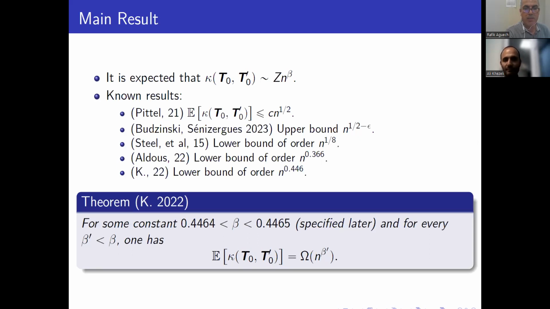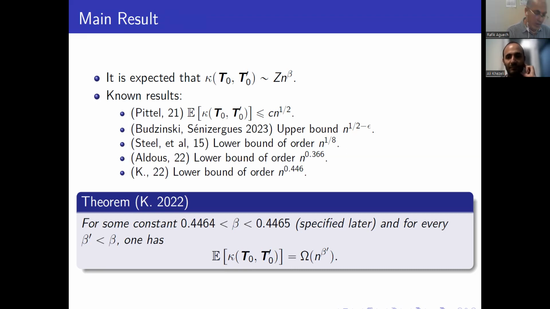For some constant beta between 0.55, 44, and so on, and for every beta prime less than beta, must beta prime be between these two bounds or not? No, beta prime can be anything less than beta. Yes. I should say that for the value of beta defined by the equation that we explained, for that value of beta we have this.